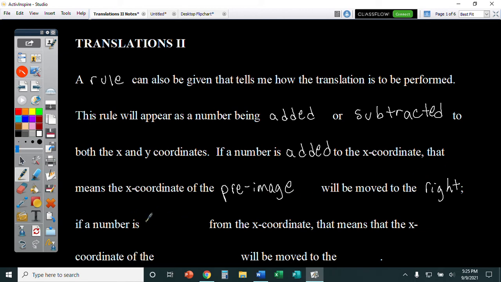Okay, if a number is subtracted from the x coordinate, that means the x coordinate of the pre-image will be moved to the left, okay? Just like a number line. If you add to the x, it moves to the right. If you subtract from the x, it moves to the left. It's as simple as that, okay?